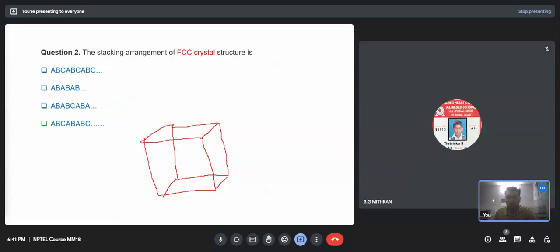I'm showing the first atom of this corner with sand color.